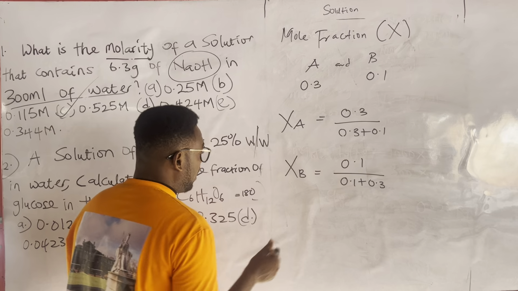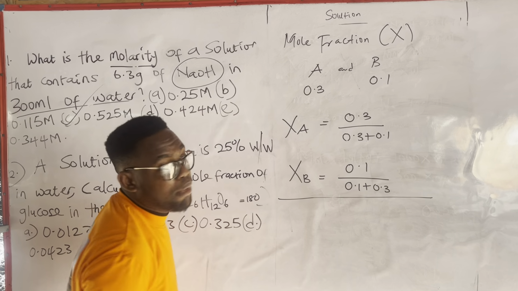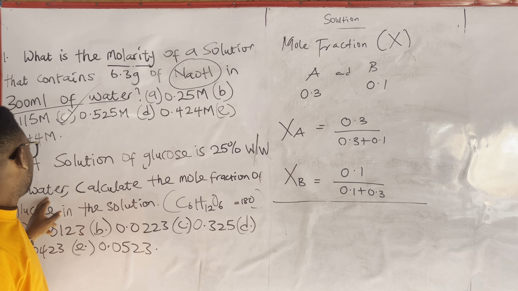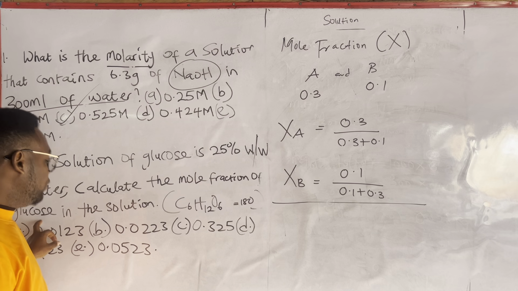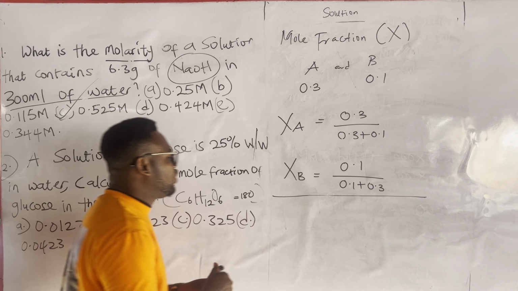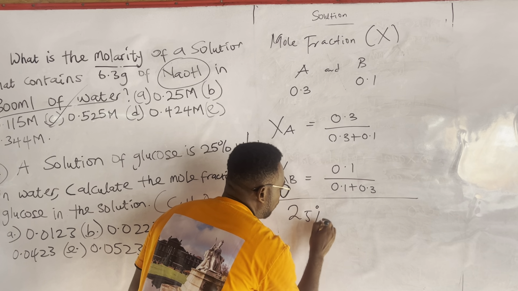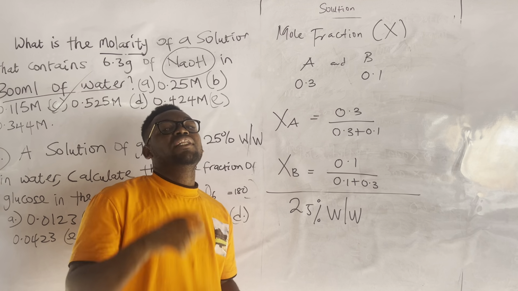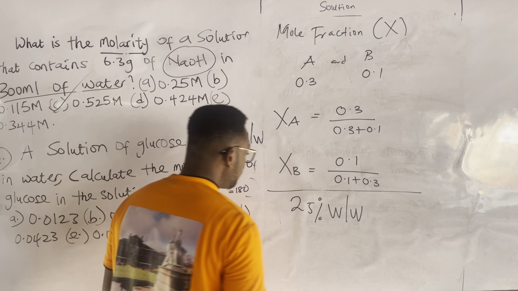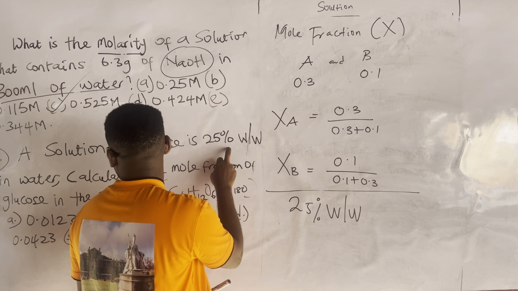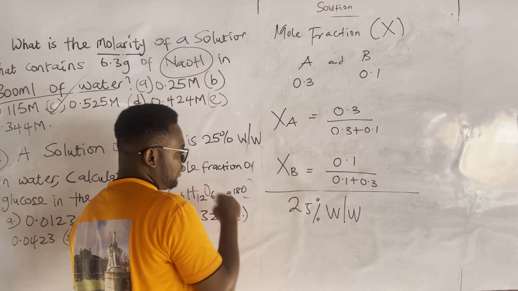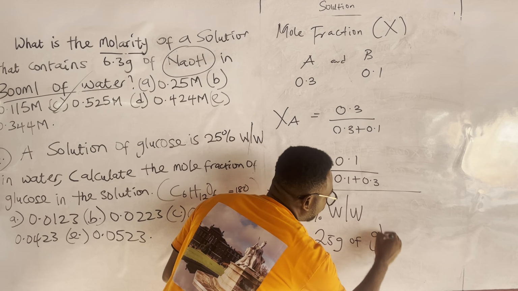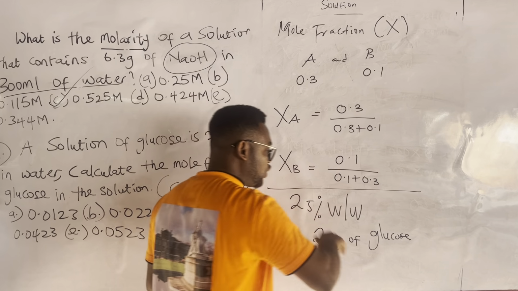Because we actually need the number of moles of each of the substances involved, we are asked to calculate the mole fraction of what? Glucose. Now we are given 25% weight by weight. The first question we ask ourselves: what is the interpretation of this statement? Because it is for glucose, it will mean 25 grams of glucose dissolved in.